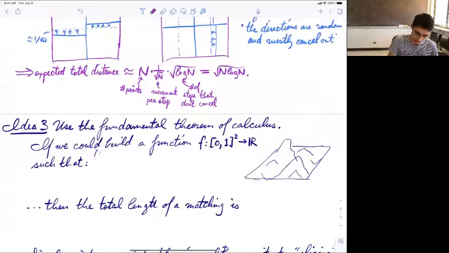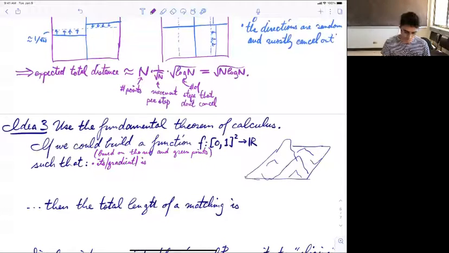Right, you do this based on the red and green points, or positive and negative points, whatever, right? So you build a function so that its gradient is, I guess, the norm of its gradient, the length of its gradient. So basically its slope is at most 1 everywhere.